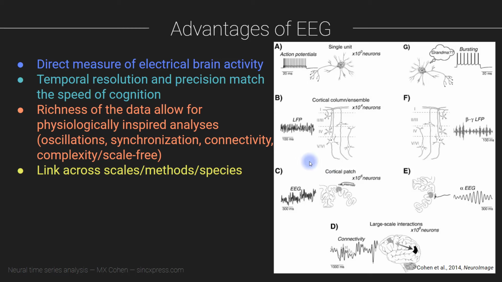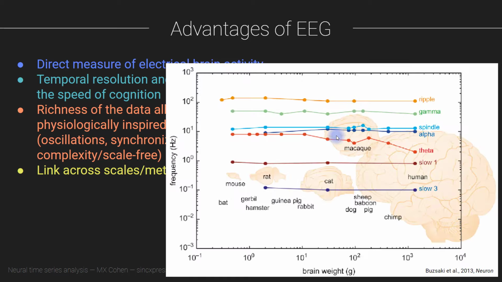Now, in this course, we are going to be focusing a lot on neural oscillations. This is narrowband activity, or rhythmic, sinusoidal-like activity. This is also a remarkable feature of the brain because these rhythmic patterns of electrical activity are remarkably conserved across different species. So what you see here in this plot is a graph of brain weight, which is also a measure of brain size, from really small brains up to large brains.